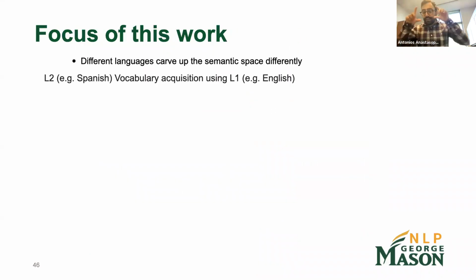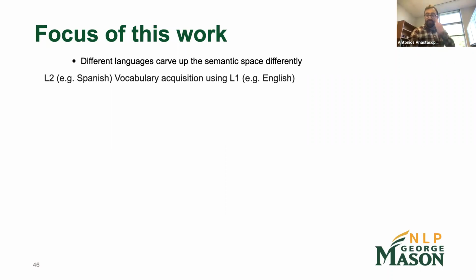So this last portion is exactly the focus of this work. These fine-grained lexical distinctions arise because languages carve up the semantic space differently, right? The semantic space of wall is divided into fine-grained subspaces in Spanish, which English doesn't seem to care about, okay?